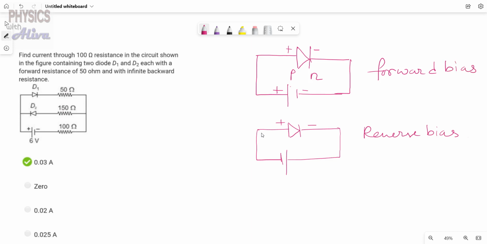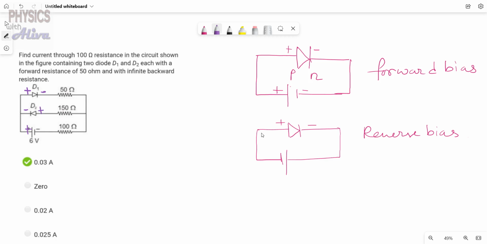Now we can see from this figure, I am showing you from the figure, I am not drawing it again. The positive end of the battery is this, right? This is connected with the positive end of the D1 diode. And this is the negative end of D1, this is the positive end of D2.